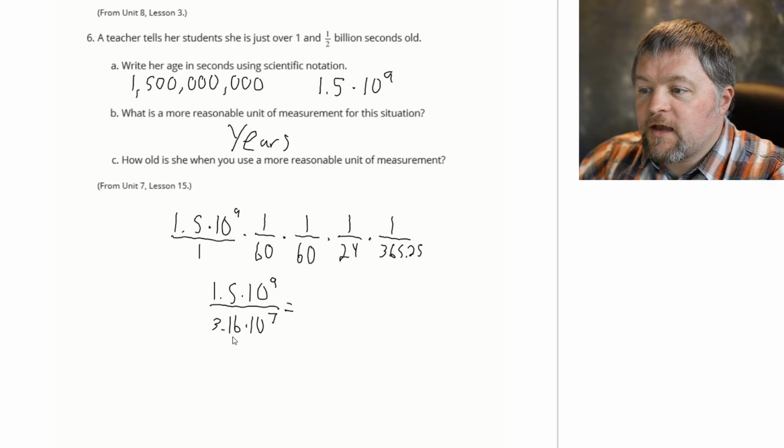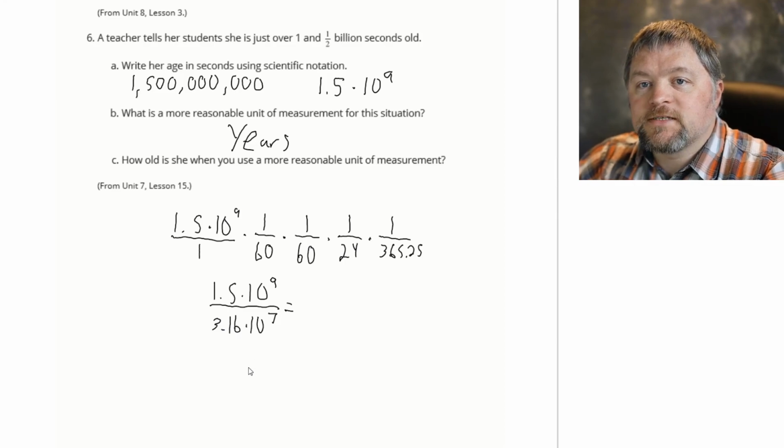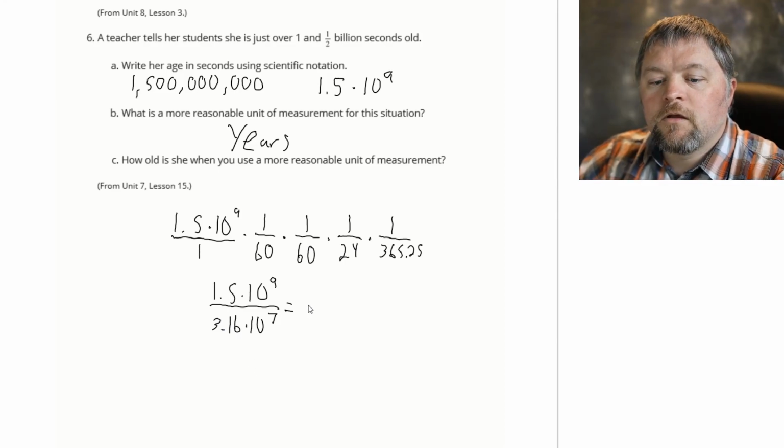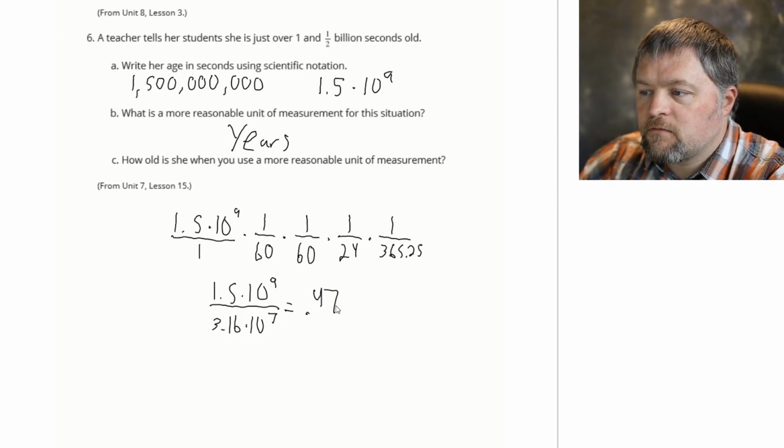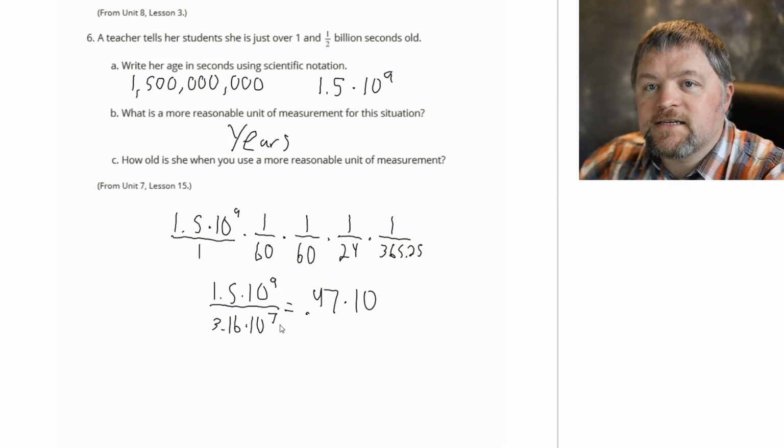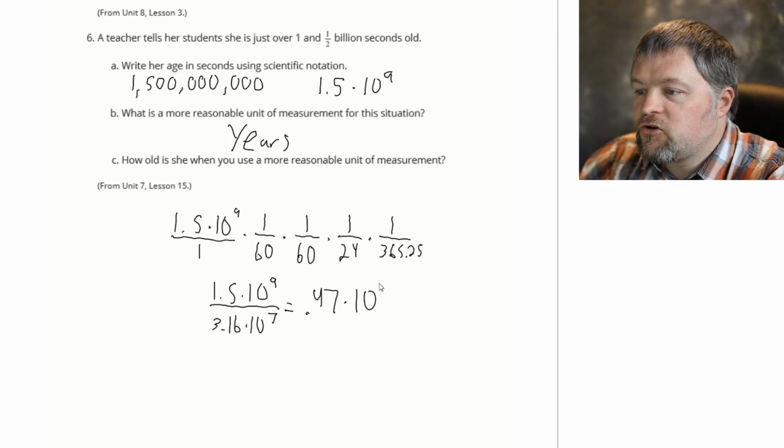So now we would have to do 1.5 divided by 3.16, which is 0.47, times 10 to the power of 9 subtract 7 is 2.